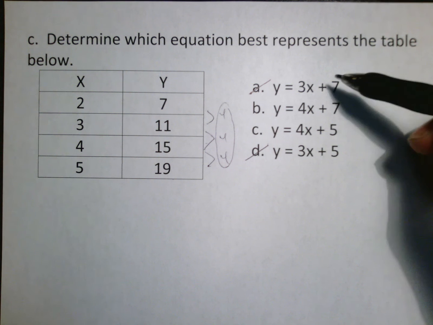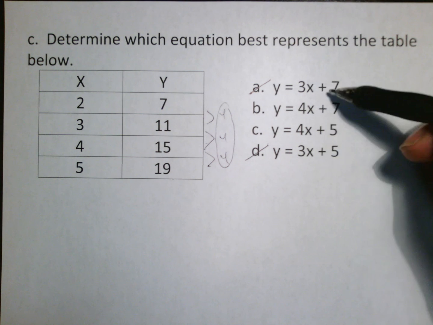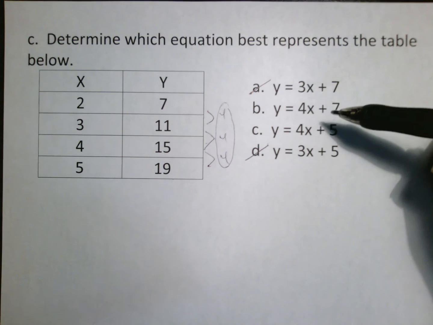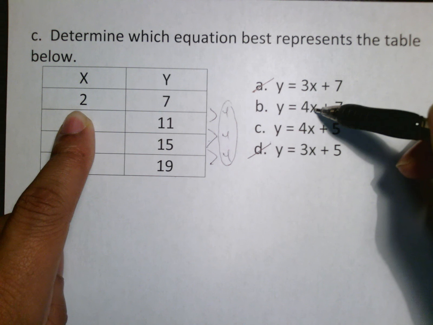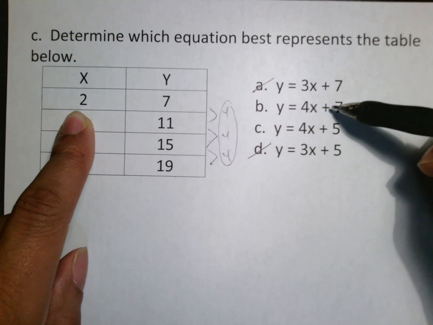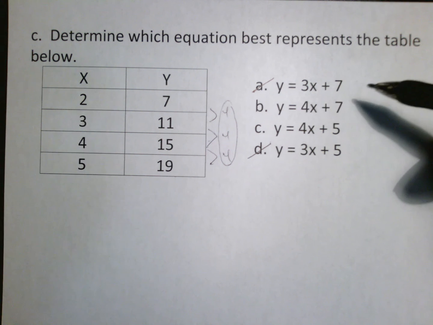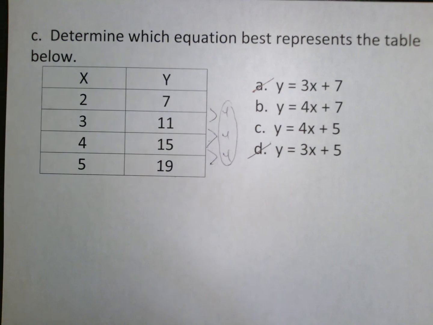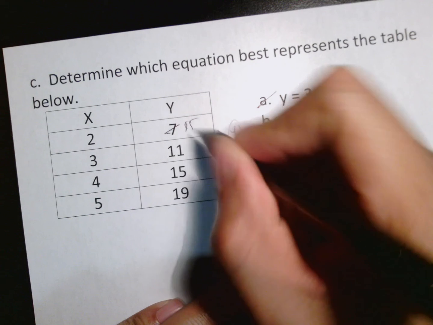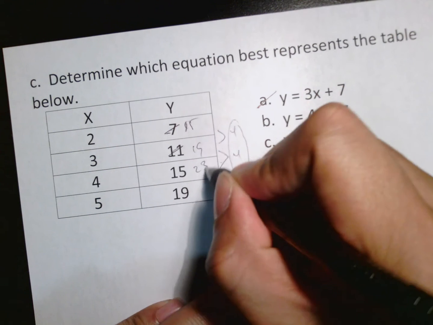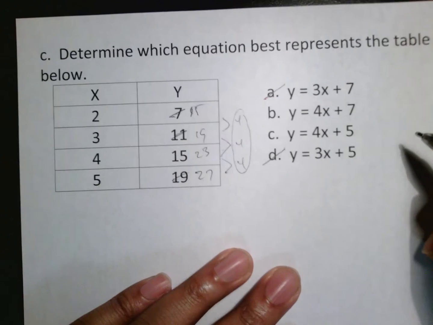Now what I do is I don't waste my time with these two, because those shouldn't even be close, and I can now look at this and say, okay, 2 times 4 is 8. I think I didn't copy it right. Sorry about that. Let's just say the answers are 15, 19, 23, 27.